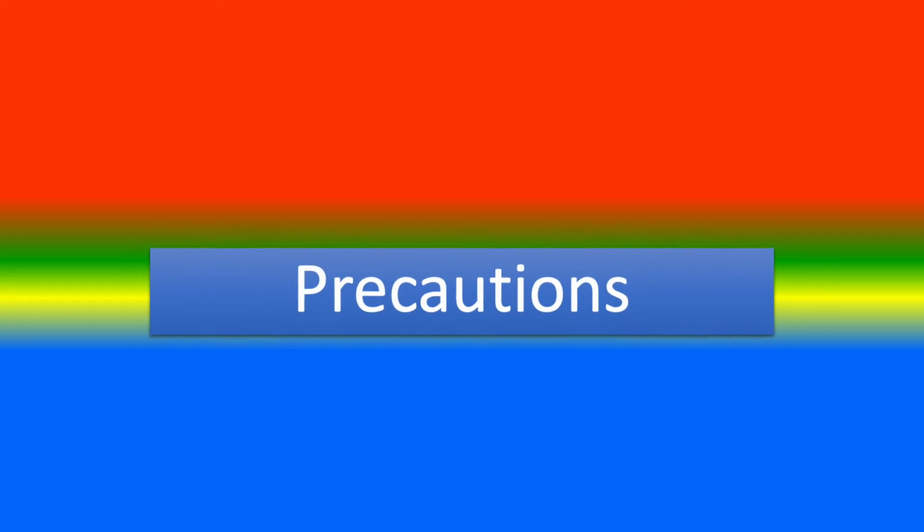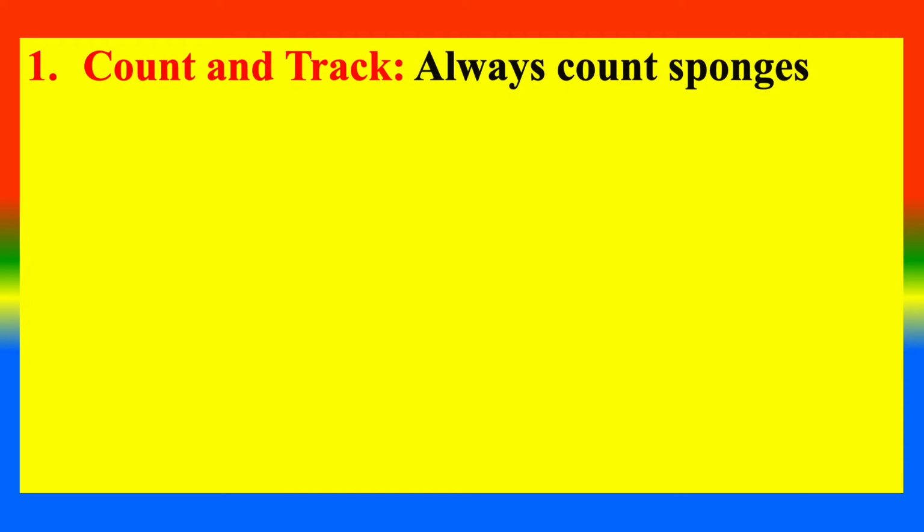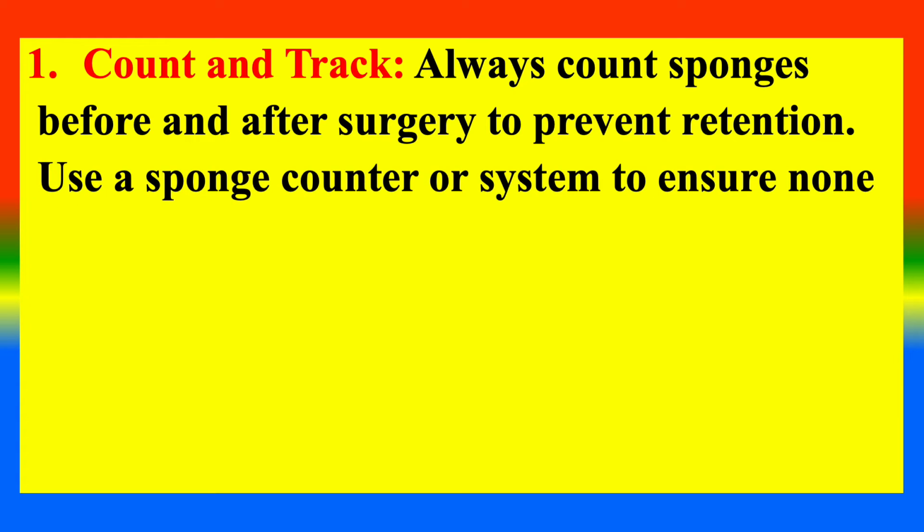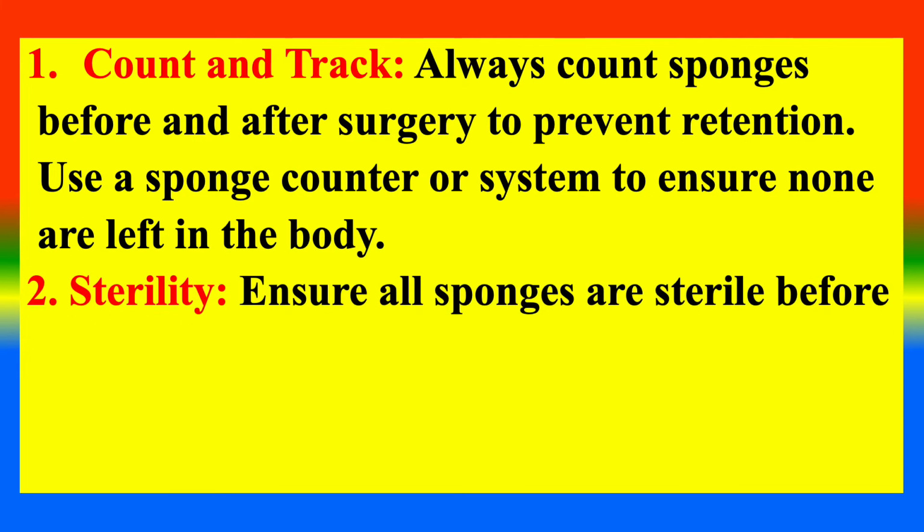Precautions: 1. Count and track, always count sponges before and after surgery to prevent retention. Use a sponge counter or system to ensure none are left in the body. 2.